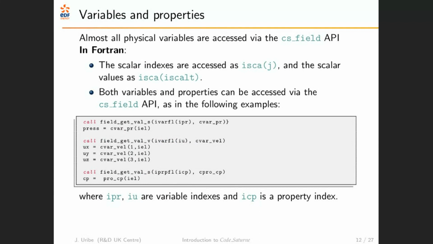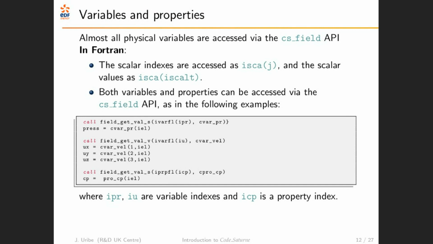In terms of variables or properties, the way it's written in Saturn is by using what is called the code Saturn field, or cs_field, which allows the field to have much more information about the variable than just its value at the cell center. The field has several parameters.